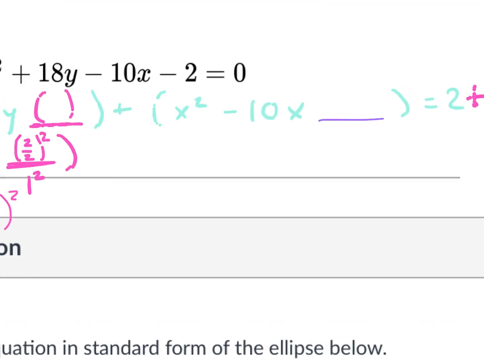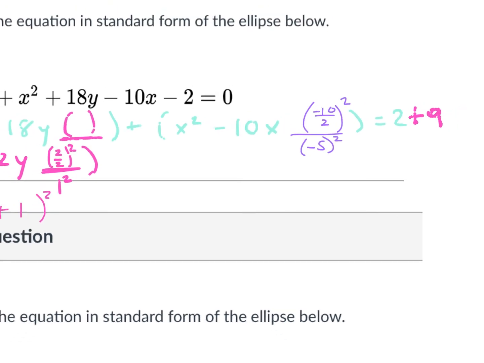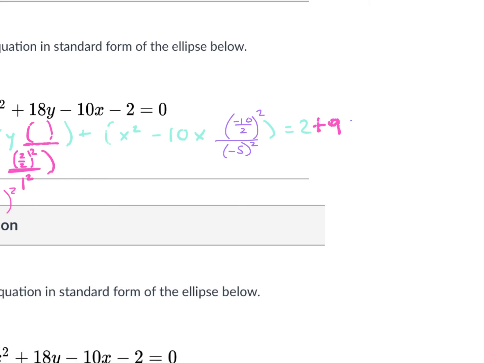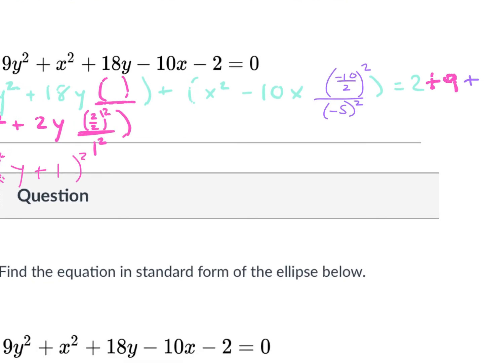Negative 10 divided by 2 squared. So we have negative 5 squared. Negative 5 squared is 25, so I'm adding 25 on the left side. I got to add 25 on the right side too. What's going to go in my parentheses here? X minus 5. And then this is going to be equal to 2 plus 9 plus 25, which is 36.